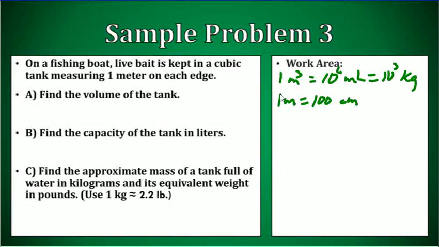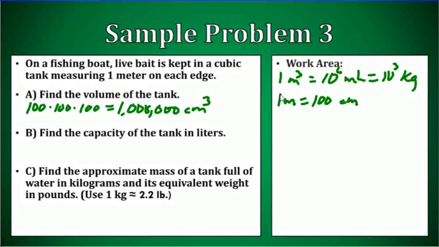So if we take the volume of it, that would be 100 times 100 times 100. So we'd have 1 with 6 zeros, which would be 1,000,000 cubic centimeters.